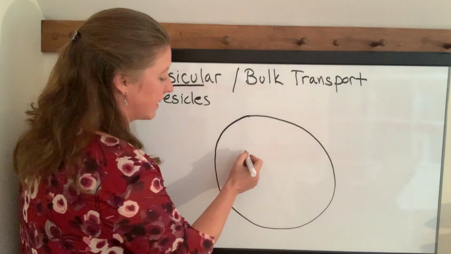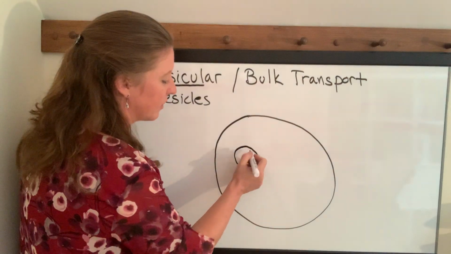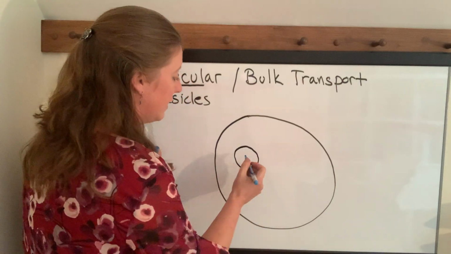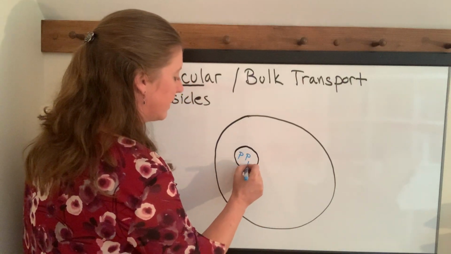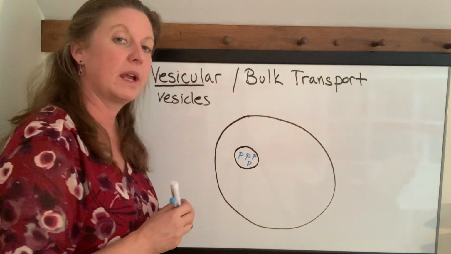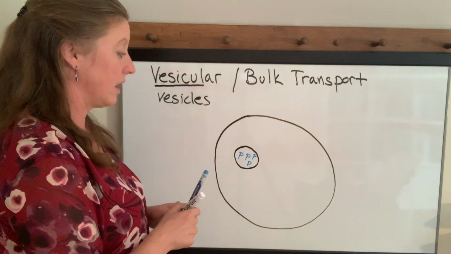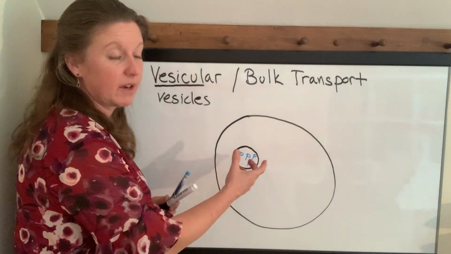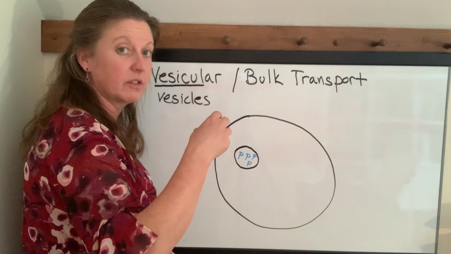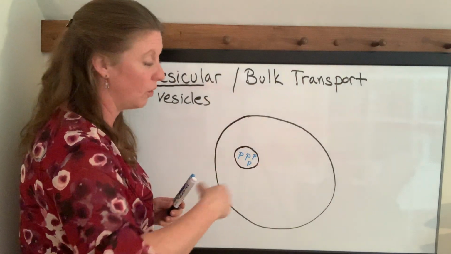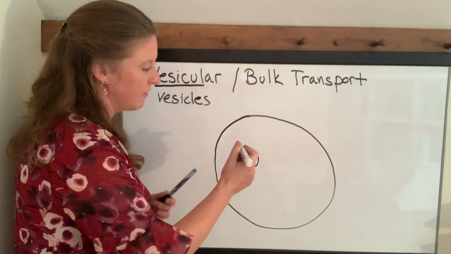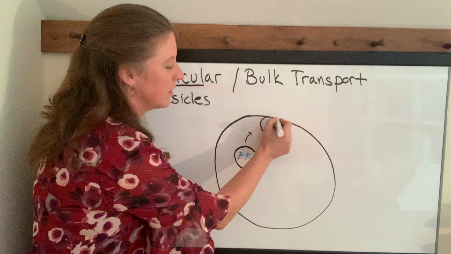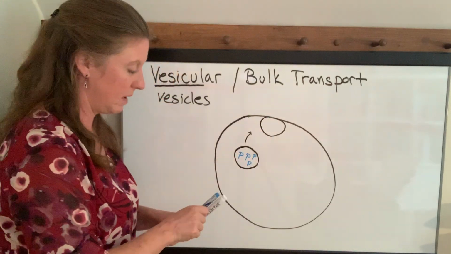So let's take an example, and let's say that this is a vesicle that contains proteins that the cell is secreting. All right, so it's got lots of proteins in it, and those proteins are way too big to use a transporter. So the cell puts these proteins in a vesicle. They're actually already in a vesicle from traveling from the endoplasmic reticulum to the Golgi, but now that vesicle moves so that it is right up next to the plasma membrane.